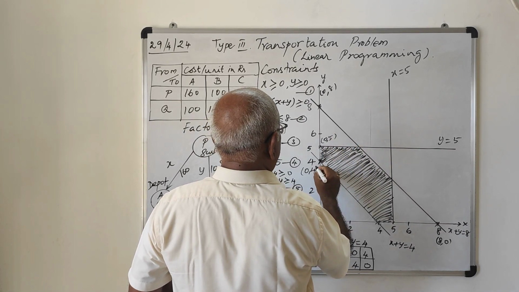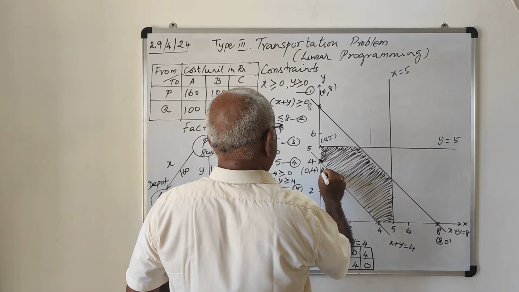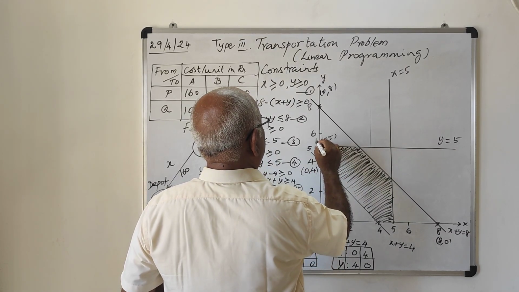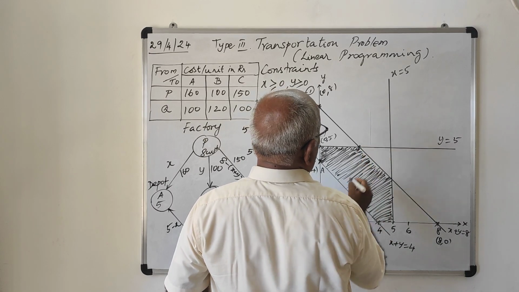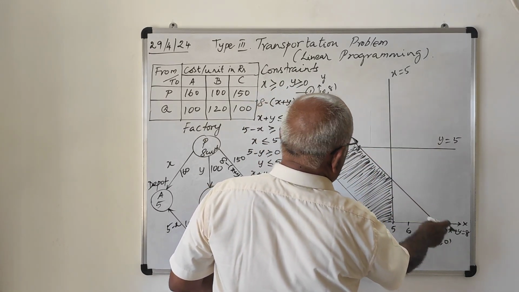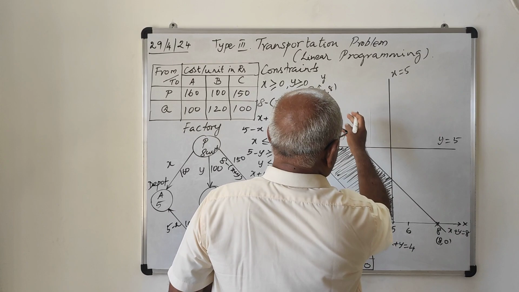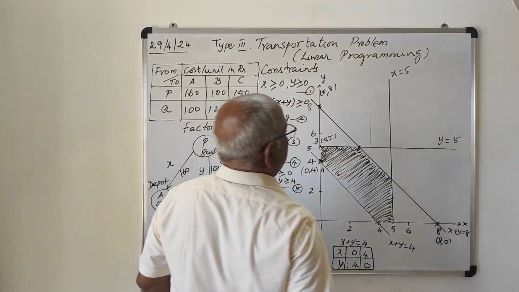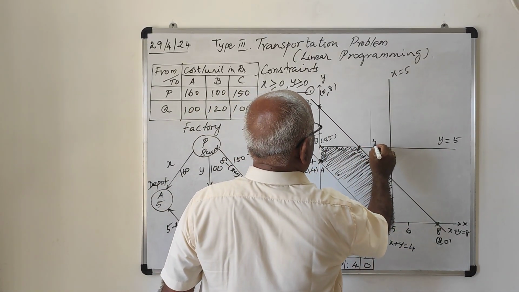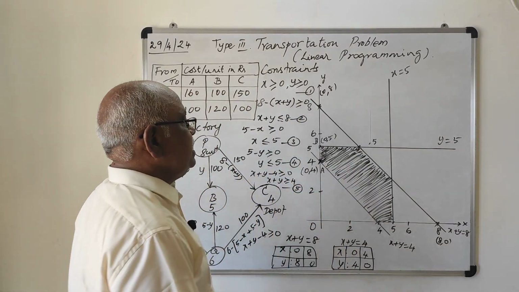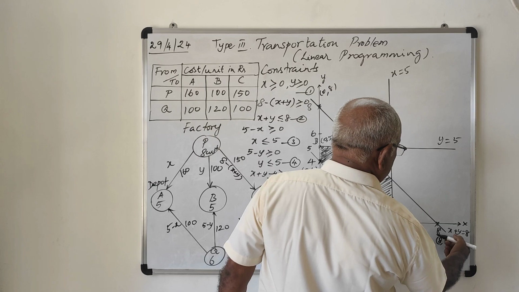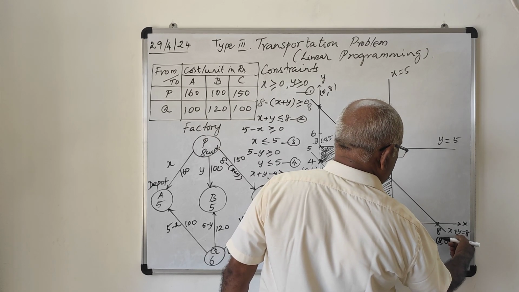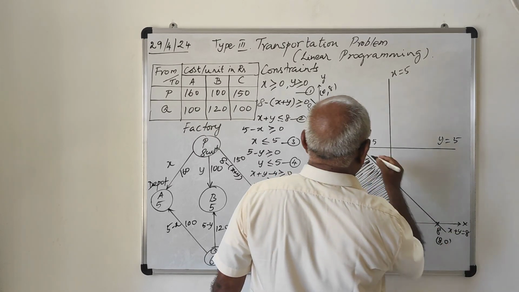So the corner points are, you consider this as A, 0 comma 4, this is B, 0 comma 5, and this is the point intersecting the line x plus y equal to 8 and y equal to 5. This point is y equal to 5, and also x plus y equal to 8. x equal to what? y equal to 5. You substitute in x plus y equal to 8, y equal to 5 means 8 minus 5, 3, x equal to 3.